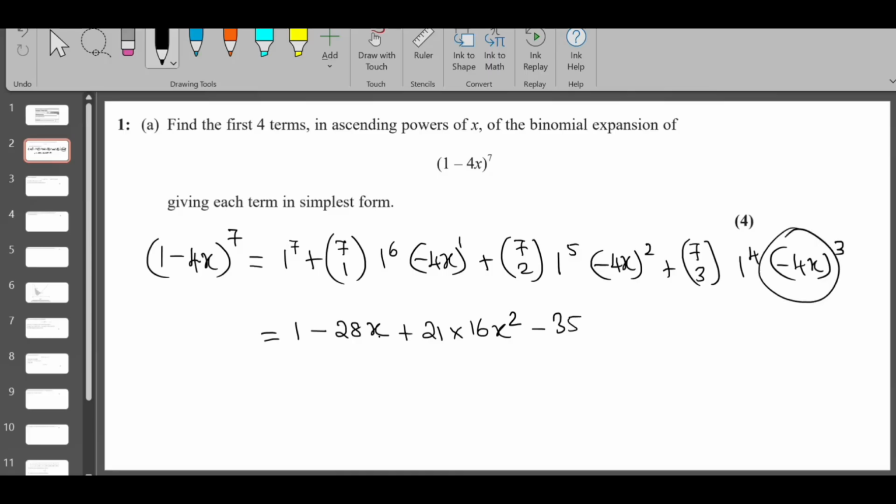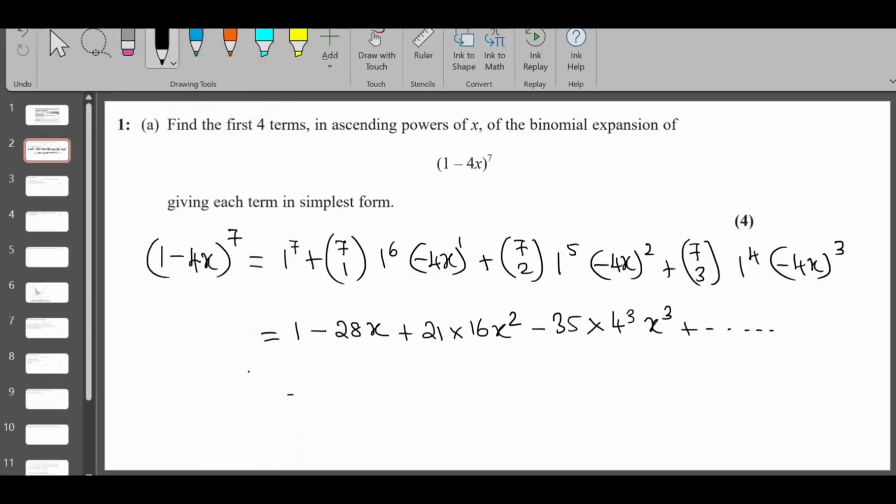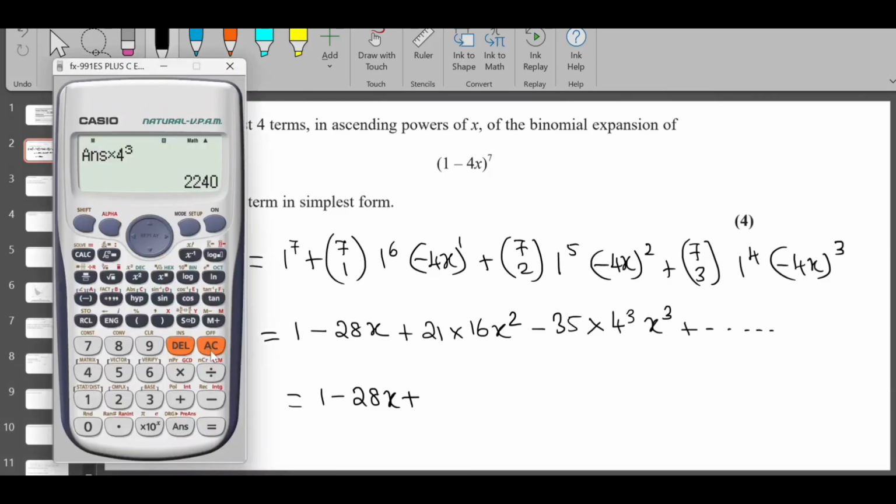Because when you cube it, you are going to get a minus sign, so I move the minus as a common minus here, times 4 cubed x cubed, plus etc. So times 4 cubed is 2240. So it's 1 minus 28x plus 21 times 16.